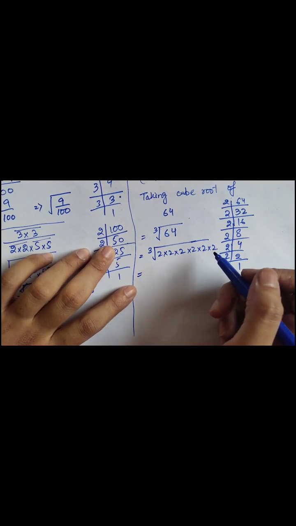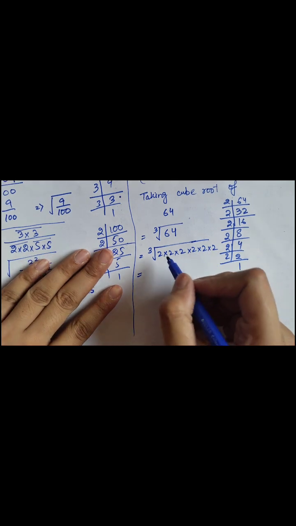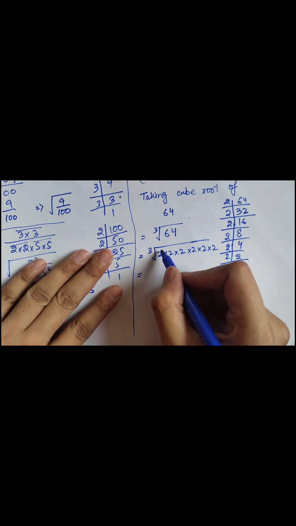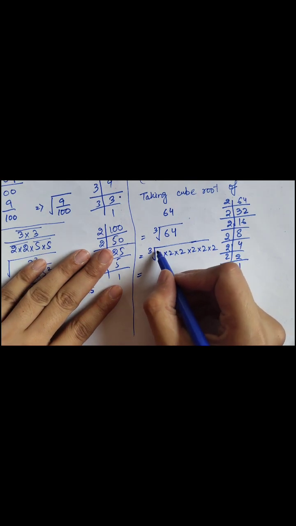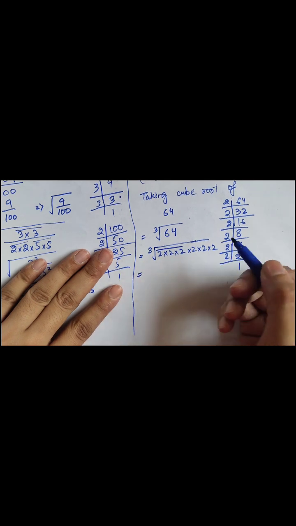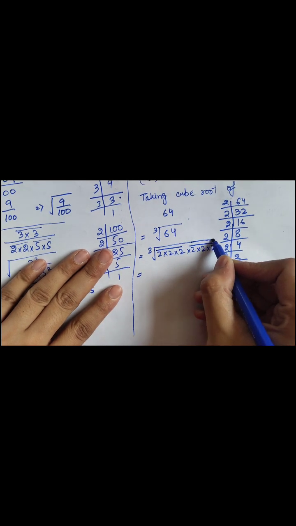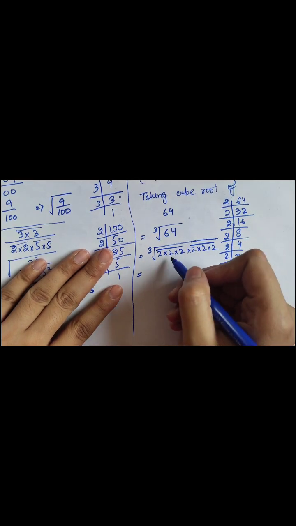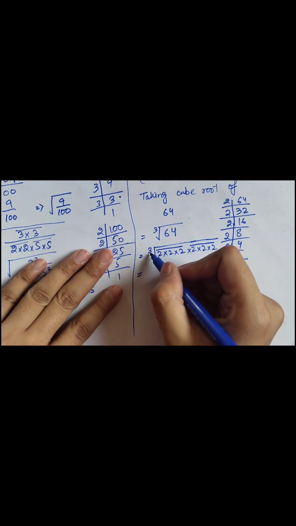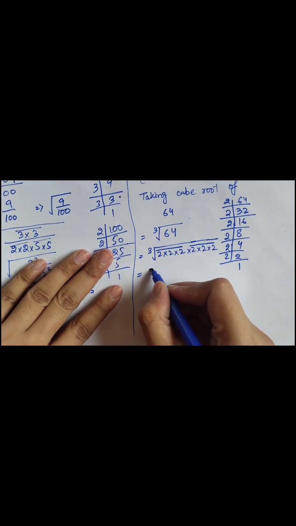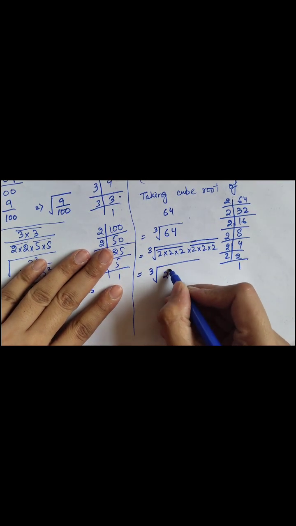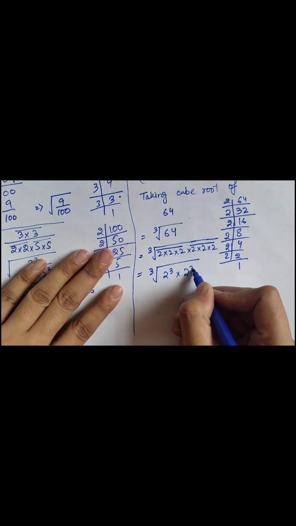Now what we will do, we have to make groups of 3. In each group we have to choose 3 numbers. For example, this is one group and this is the second group, because we have to make power 3, so we can cut it with the cube root. It becomes 2 cube into 2 cube.